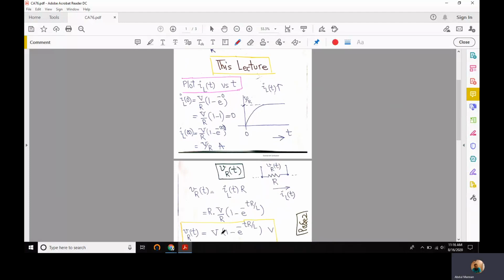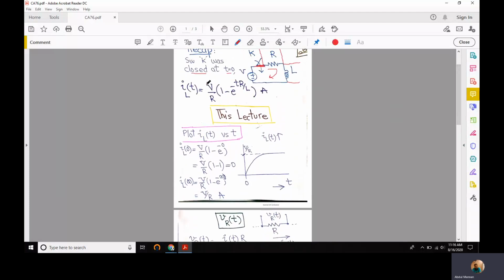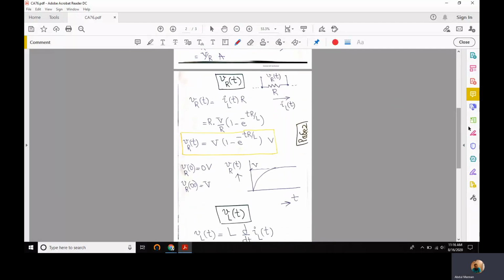But in that case, we had a max value equal to V over R, and here we have the max value V. We can verify that if we put t is equal to 0, it comes out to be 0, and if we put t is equal to infinity, it comes out to be capital V, because everything within this parenthesis becomes 1. So V sub R at infinity is V.